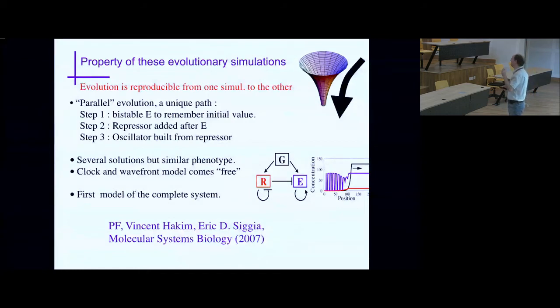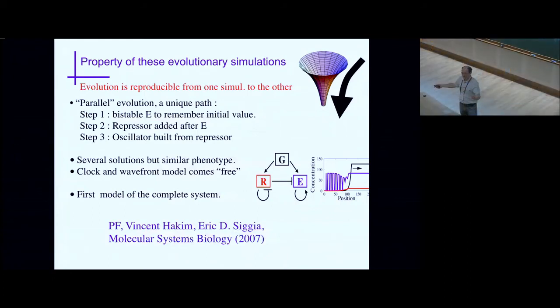A very important and subtle thing that I've not described very explicitly, but I'm doing it now, is that we get this clock and bistable system, but I did not select for a clock. We know there is a clock in the real system, but the clock appears very naturally from this evolutionary simulation. It's basically a clock and wavefront model.